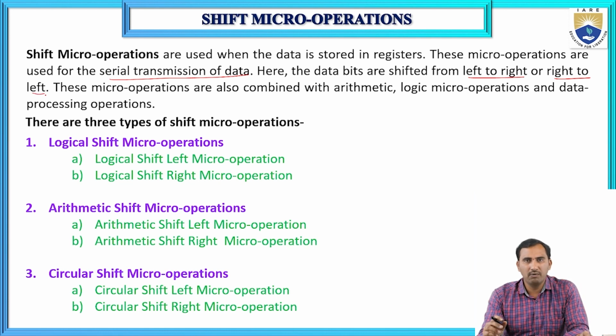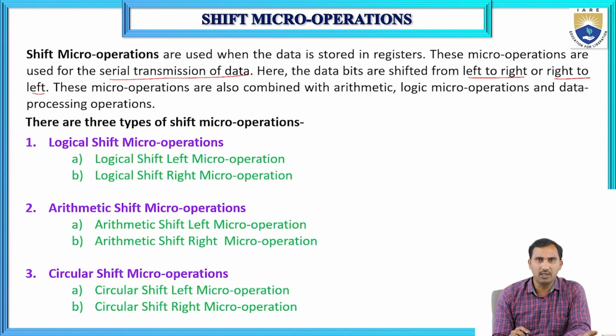In general, we store some data in the registers, then perform certain shift operations on that data, either way. These micro operations are also combined with arithmetic logic micro operations and data processing operations.